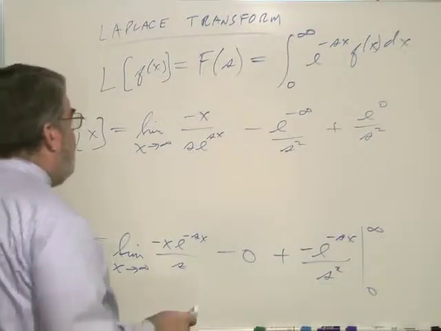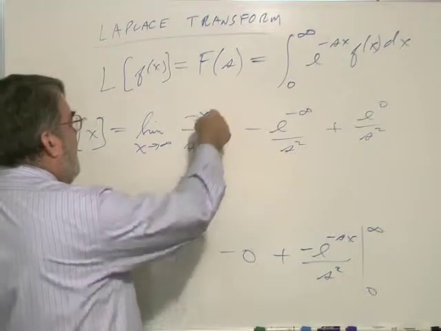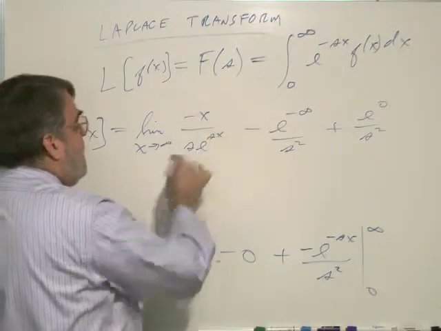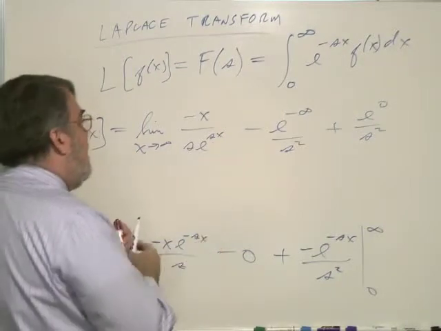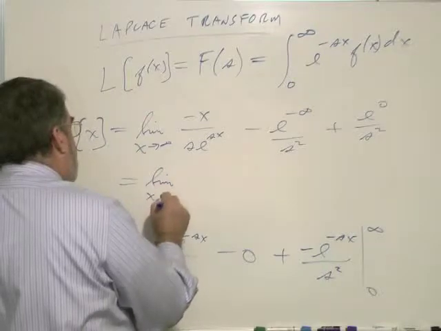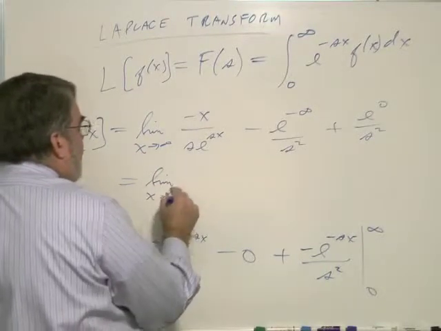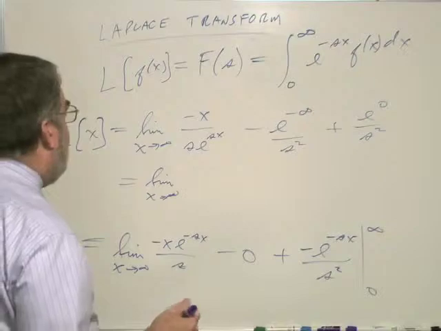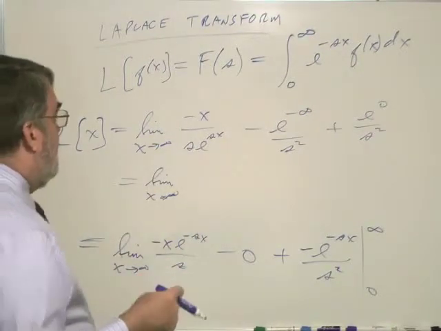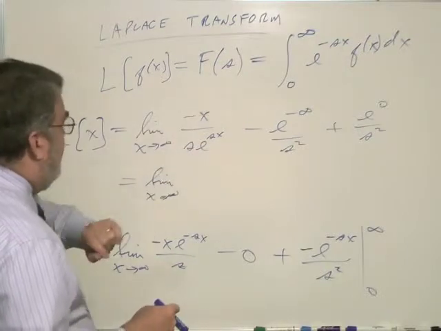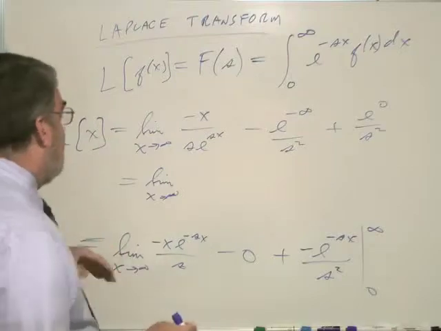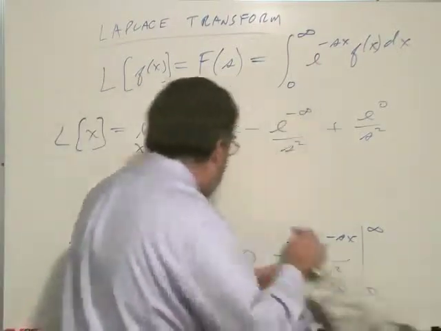So what happens here? Well, this limit is, you plug in infinity and you hit infinity over infinity. If you apply L'Hopital's rule, remember L'Hopital's rule says that when you have a limit that is indeterminate form, 0 over 0 or infinity over infinity, and this is minus infinity over infinity form, we can take the derivative of numerator and denominator separately and then reevaluate the limit.